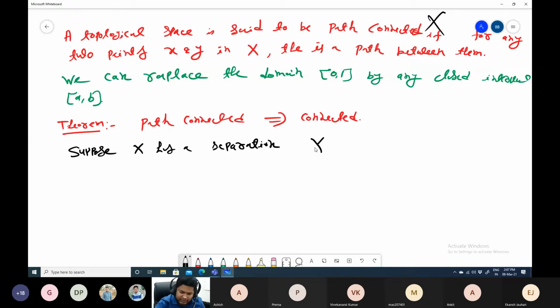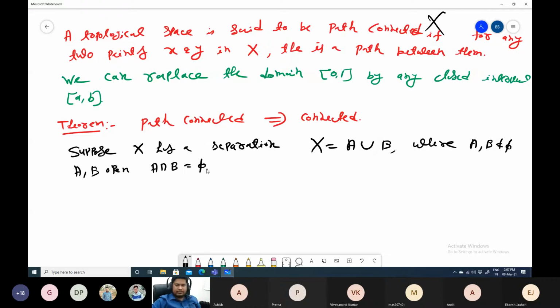Okay, separation means X equals A union B, where A, B both are non-empty, A, B both are open, A intersection B is empty. Right? First we assume that. Now since A and B are non-empty, we can take one point a from A and one point b from B.